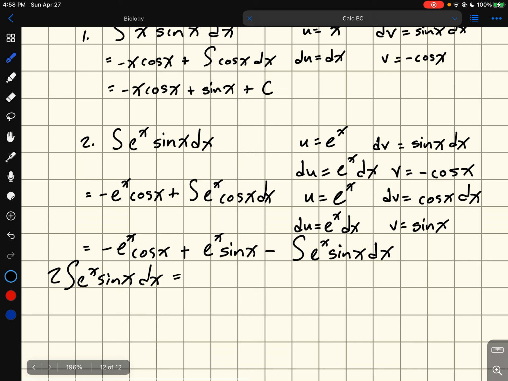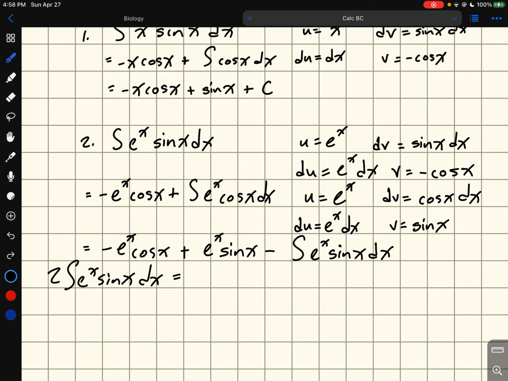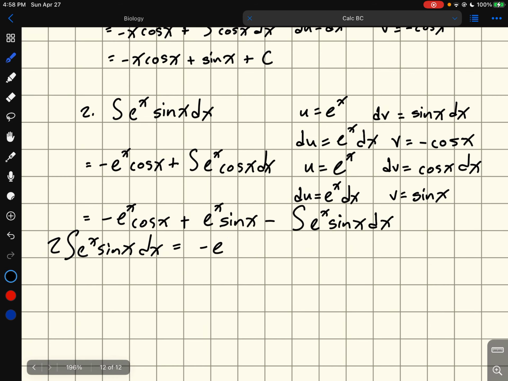Okay? So there's an invisible one of these in front of both of these expressions. And I'm only rewriting it now because I wanted to move this over here. And now what do I have left on the other side? I have negative e to the x cosine x, and then the positive e to the x sine x. So that's this stuff right there.